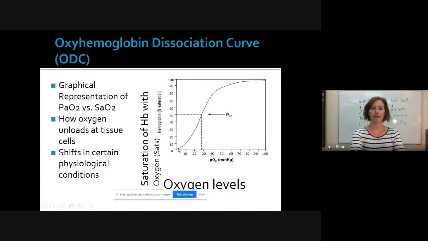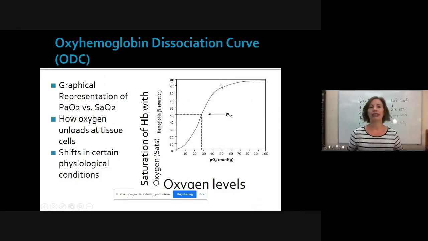Here we have two different portions of the curve. This is what we call a sigmoid, or an S-shaped, curve. At the beginning, when we don't have much oxygen in our bodies, any added oxygen will cause a really steep portion of this curve.